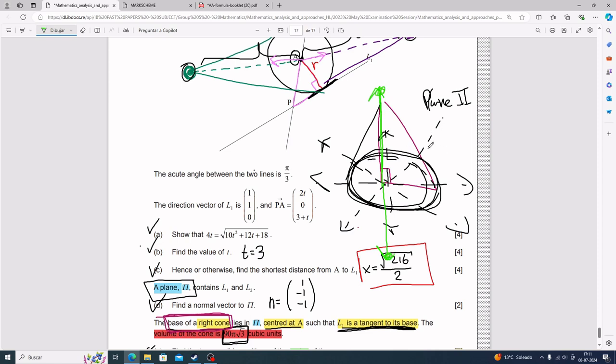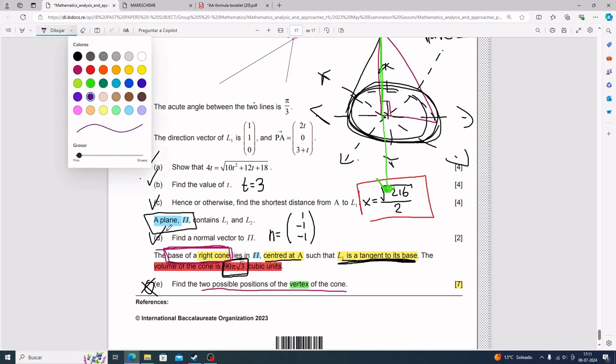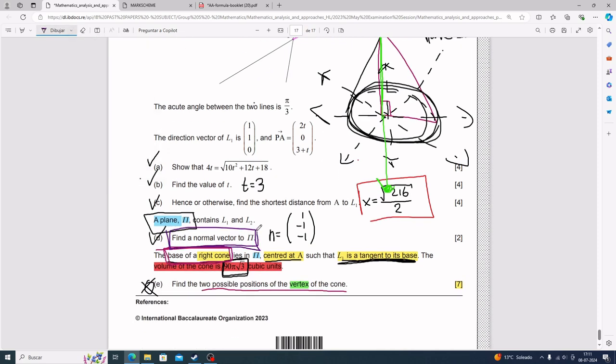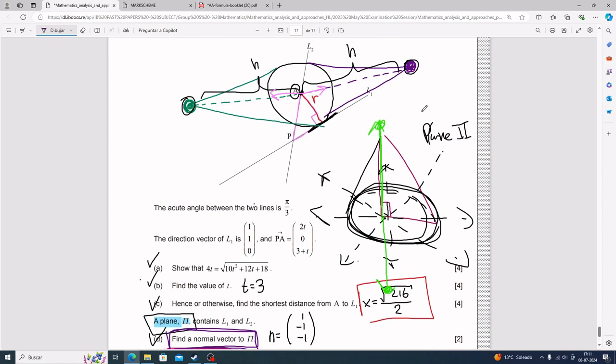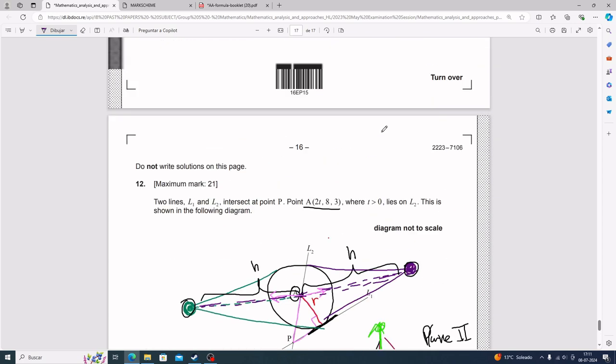And so which vector allows you to do that? The normal vector. Let's remember that I mentioned a million years ago what the normal vector does: it gives you a line or a vector that's perpendicular to your plane. And a line that is perpendicular to your plane actually helps you find that height for your right cone. That will allow you to travel through here and find the two vertices.